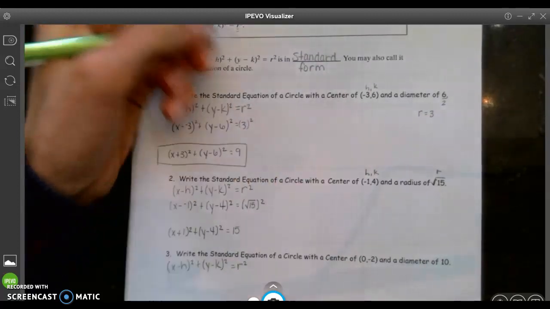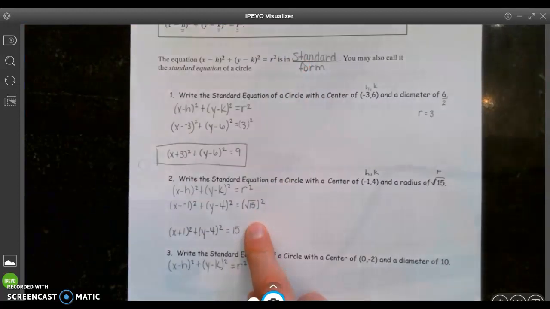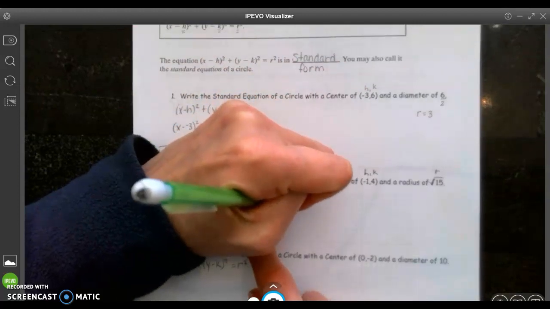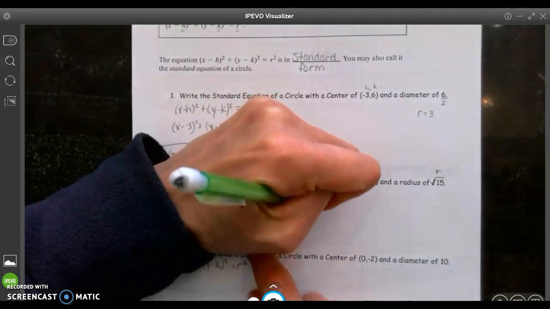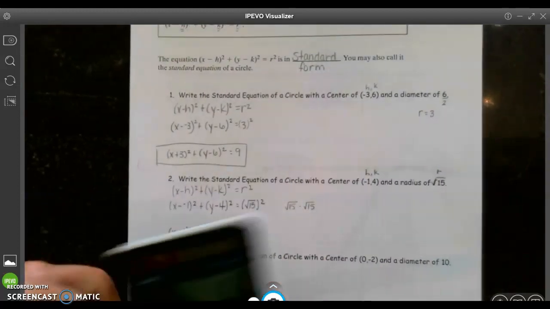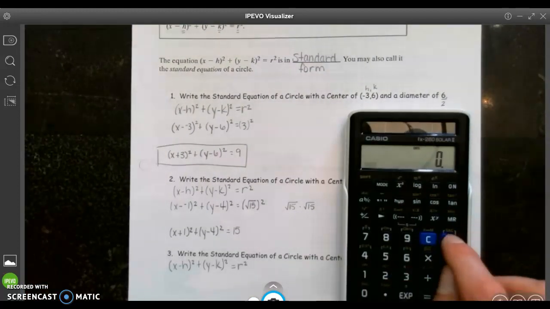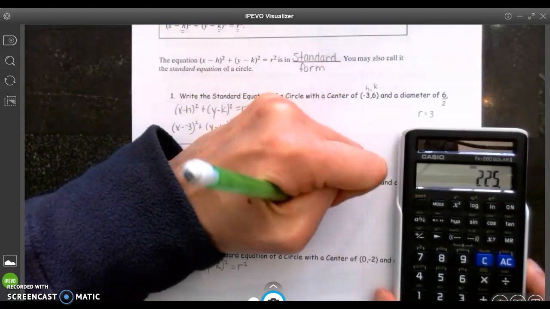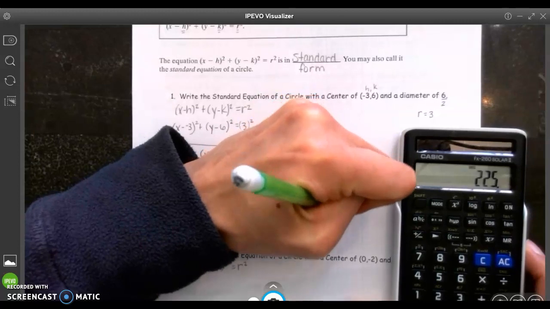The reason for that is anything squared is a number multiplied by itself. So up here, 3 squared was 3 times 3. So this is root 15 times root 15. And if I multiply those 15s together, I get 225. So root 225.